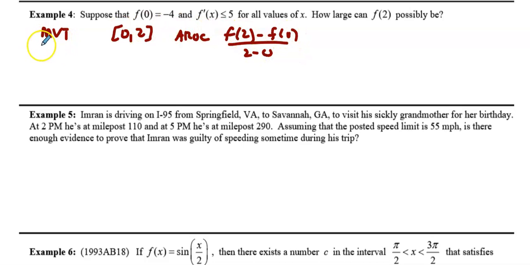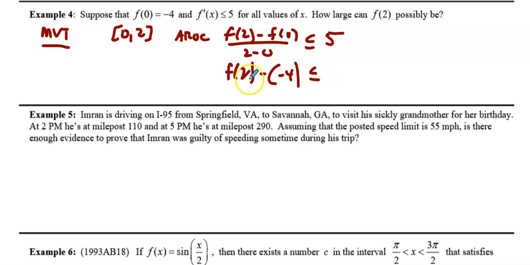Now remember, for the mean value theorem we would set this equal to the derivative, but this is saying that the derivative is less than or equal to 5. So I know that this also has to be less than or equal to 5. This is all we have to do. We plug in f of 0, which is -4.